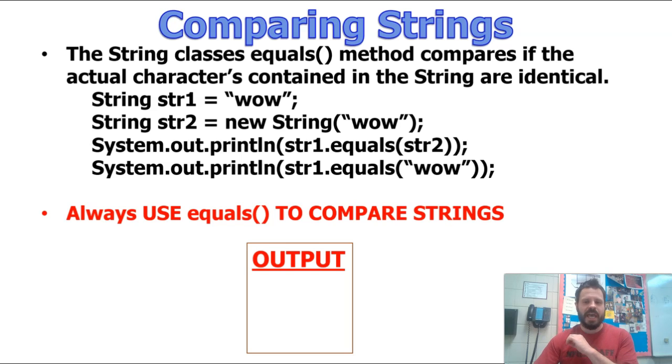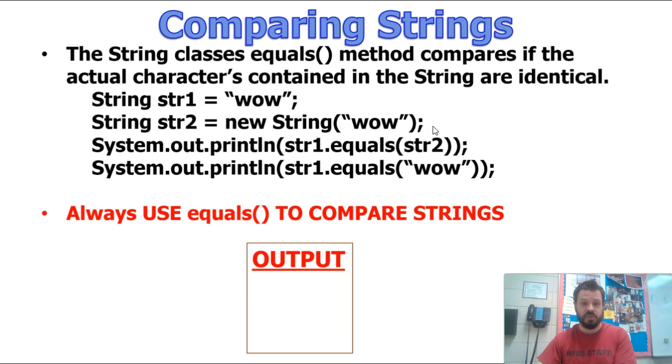So let's take a look at that equals method in action with strings. The string class's equals method compares if the actual characters contained in the string are identical, which if we think about strings, that's probably the way we want to compare equality, if they have the same characters, the same letters. So here if we go string str1 gets "wow", and string str2 gets new String("wow").